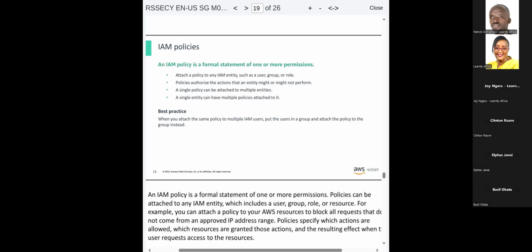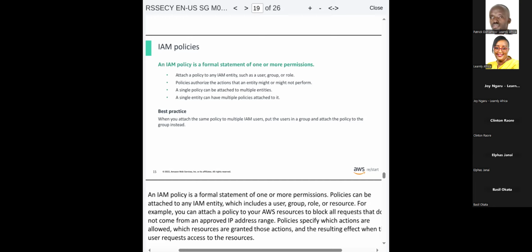Remember, Musembi has said that if you forget to revoke a role, it will hurt you. So when you're attaching policies, audit them once in a while, once or twice a week, to check whether they are compliant. And attach policies to users, groups, or roles based on access needs.